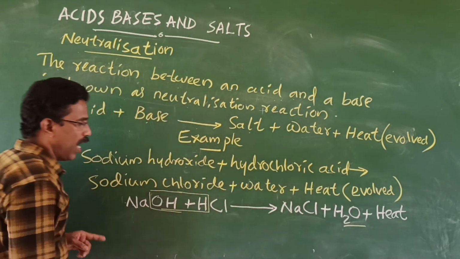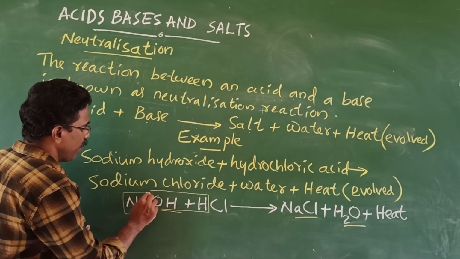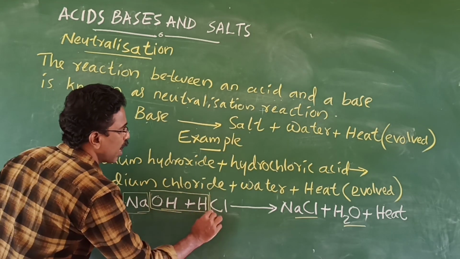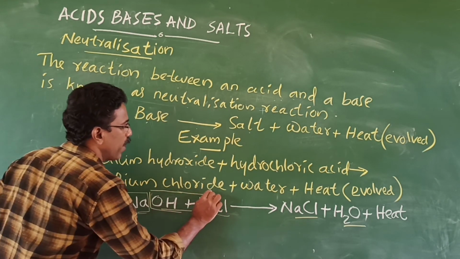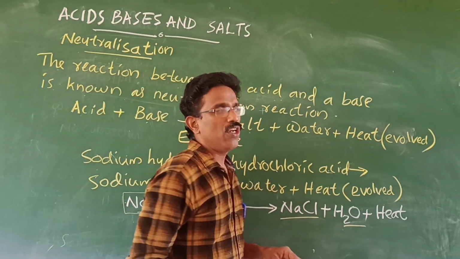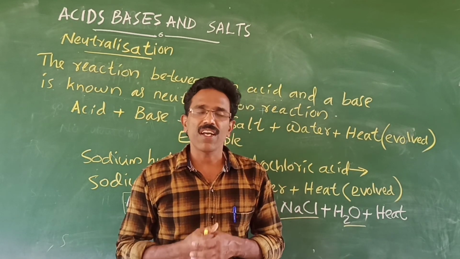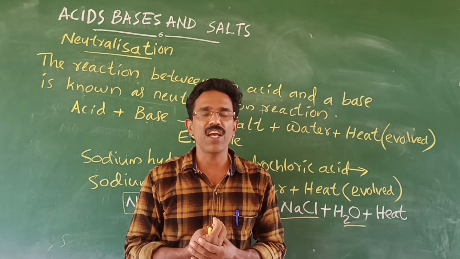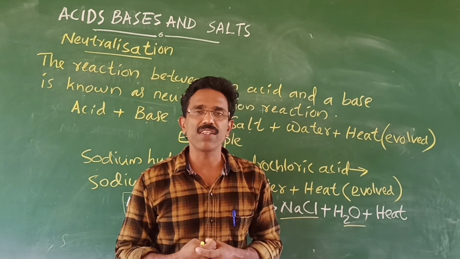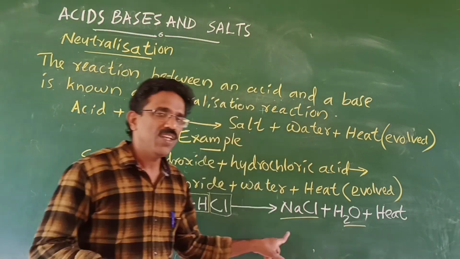And NaCl, how is it formed? The sodium combines with chlorine and forms sodium chloride. So this is an example of a neutralization reaction. Neutralization reactions have many uses in our daily life, which we will study in the next class.